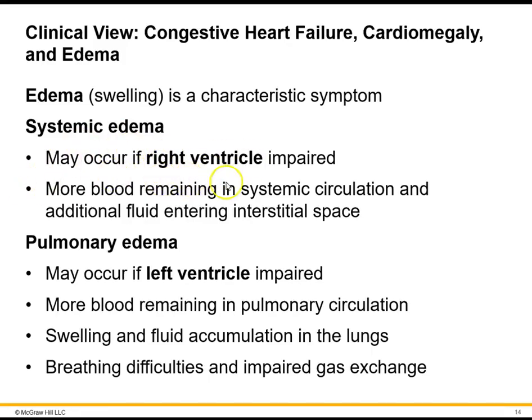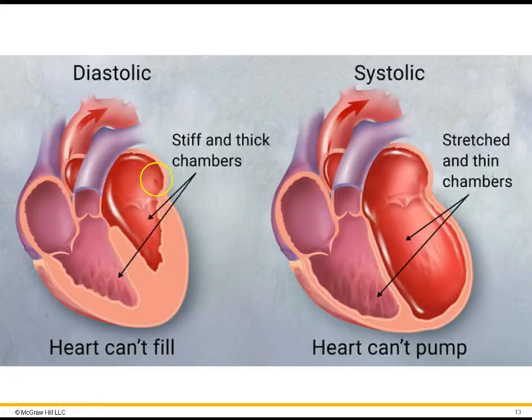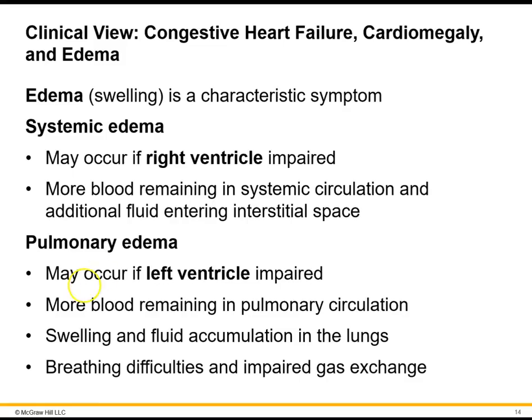If the right ventricle fails, blood is going to back up into the right atrium, and then it's going to back up into the superior vena cava and the inferior vena cava, and that's going to back up into the veins throughout the body. And you can see how the pressure inside of those veins can build up to where fluid leaks out and causes edema.